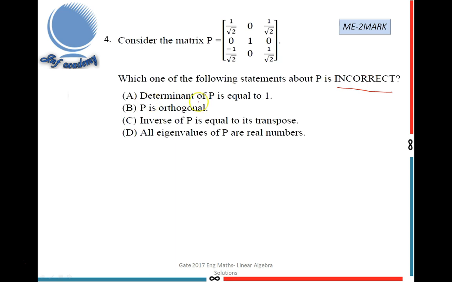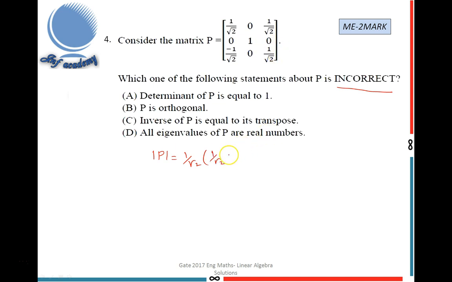So first I have to find the determinant of P. What is the value of the determinant of P? How to find it? Sum of the cofactors of the first row, all the elements. That is 1 by root 2 into, cancel this row and this column, multiplying these two elements, 1 into 1 by root 2, that is 1 by root 2.